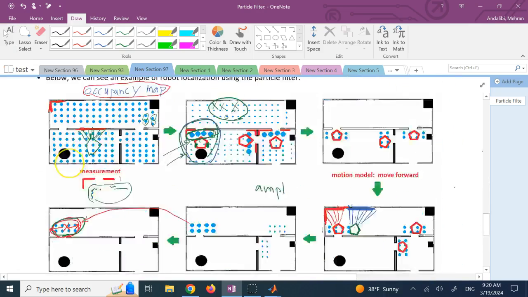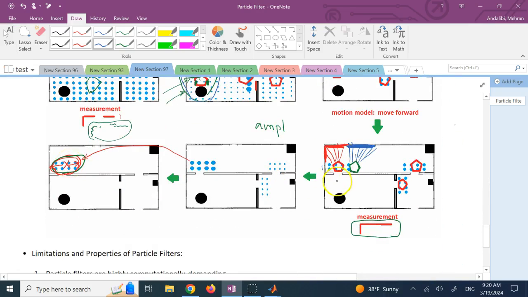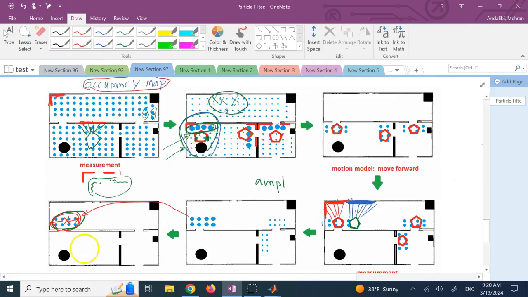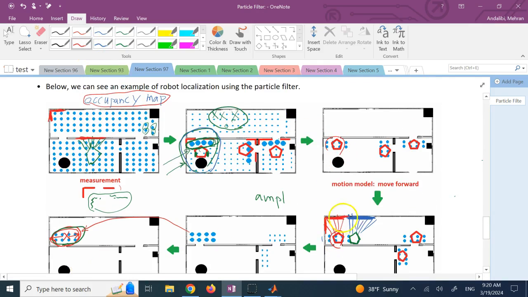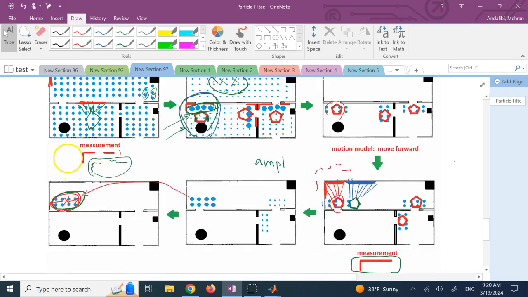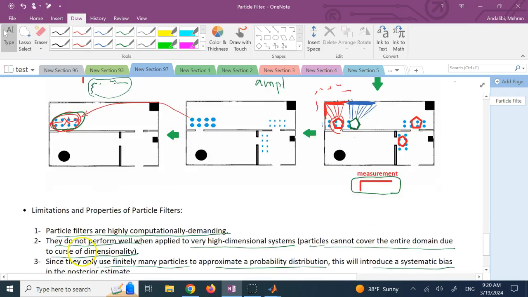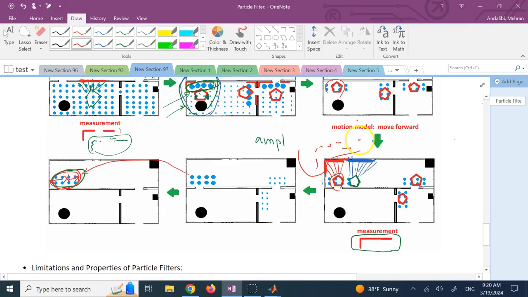So that ruins everything. But, as I said, if my model is good, so I still predict that this robot comes from here to here, but the sensor does not give me something perfect like that, it gives me something like this, there is still a good chance that this measurement and this measurement, if you compare them, give you a good likelihood that they are the same, 80% or something.